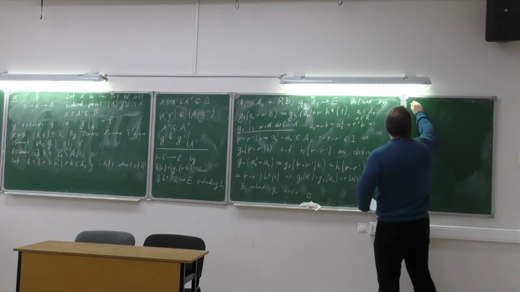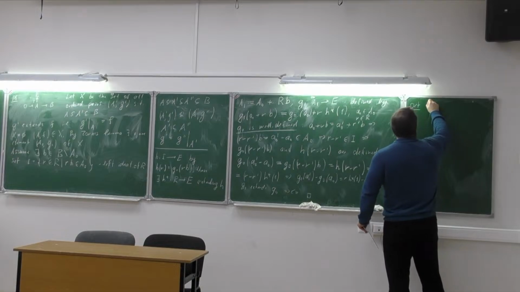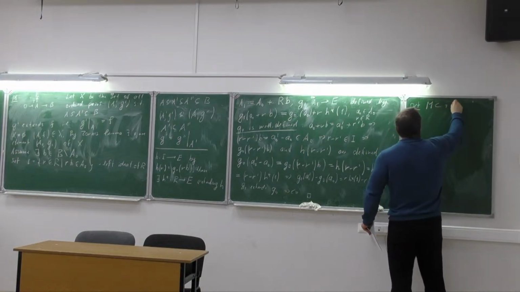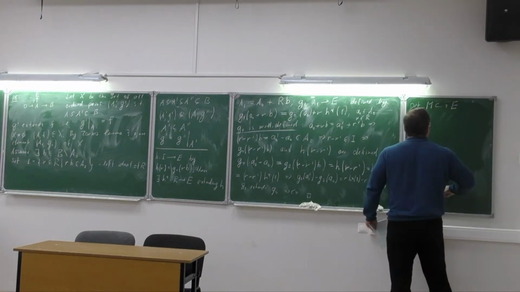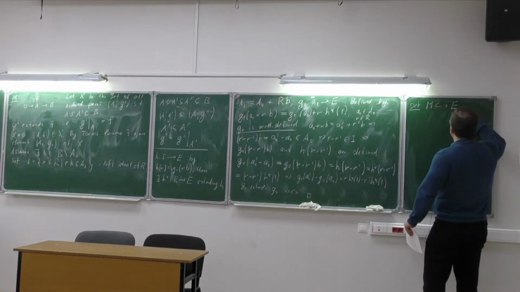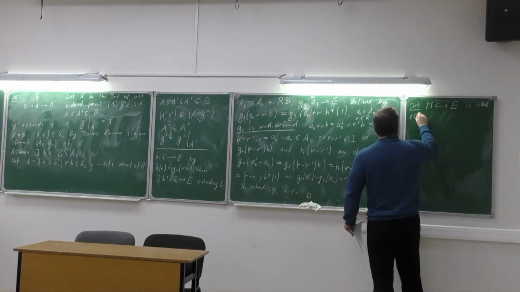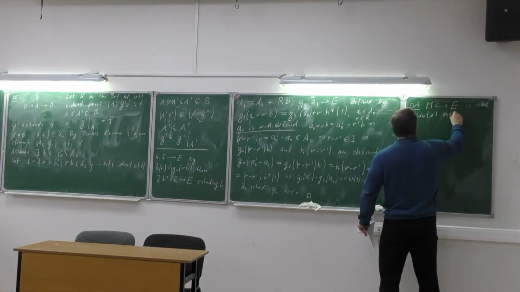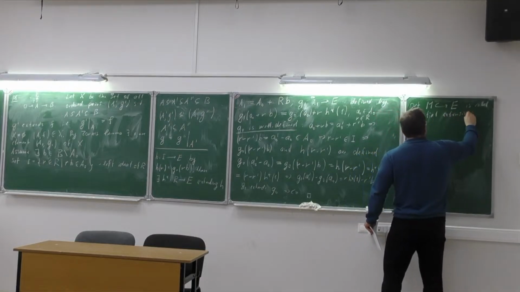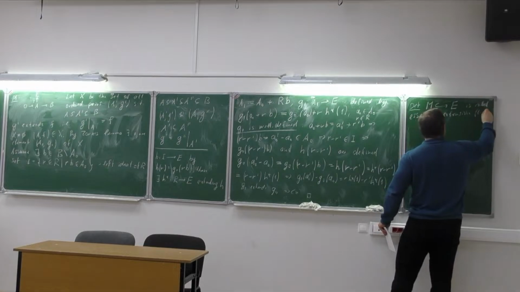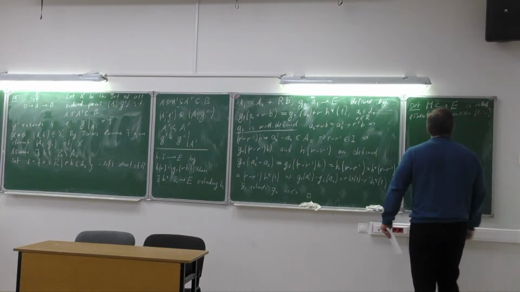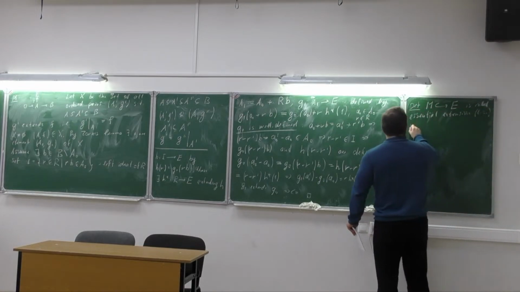Okay, so next definition. Suppose we have a situation where M is a submodule in the module E. This situation is called an essential extension, and for shortness I'm going to write EE for essential extensions, if we have the following property.